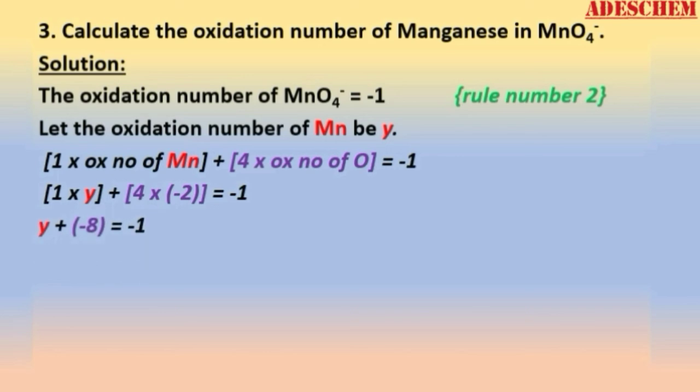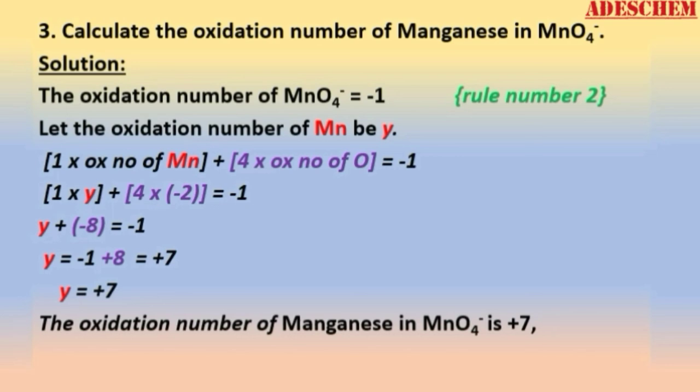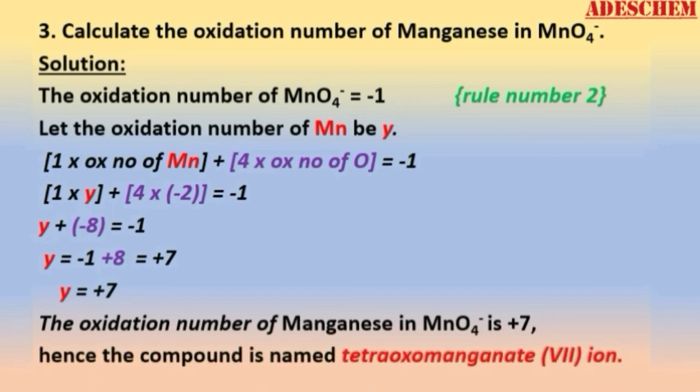Now when you carry out your simple arithmetic here, you are going to have that Y is going to be equal to plus 7. Now the oxidation number of manganese in MnO4 minus is going to be plus 7. Hence the name of the compound is going to be tetraoxo, that is for 4 oxygen, manganese 7.